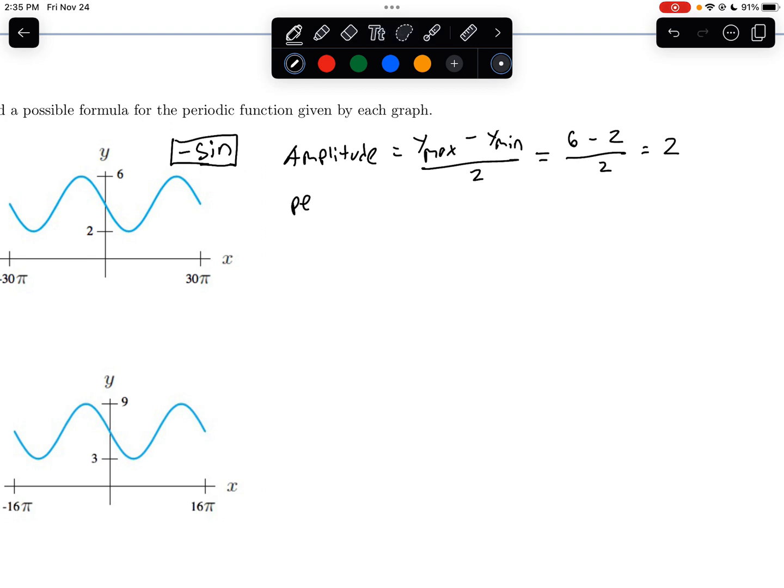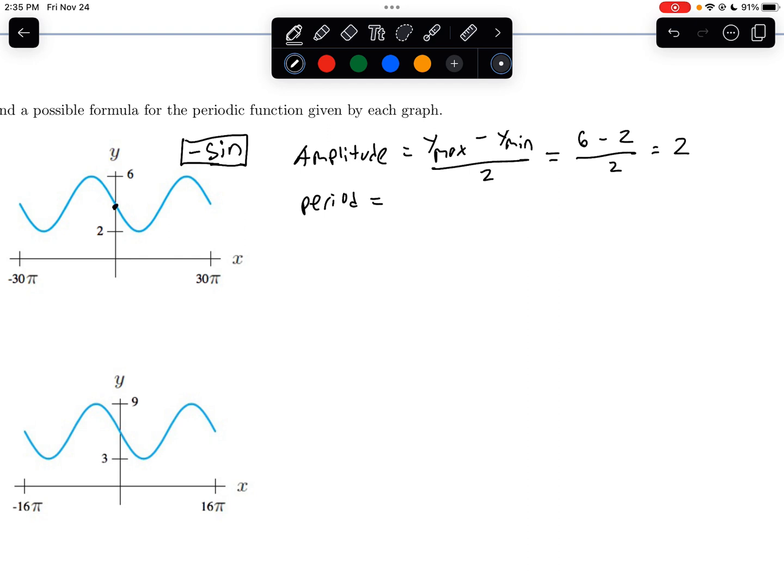Period. You can look at this point at the intercept and then this point here. That's the same spot in the cycle, and the length between them is 30 pi. So the period is 30 times pi.